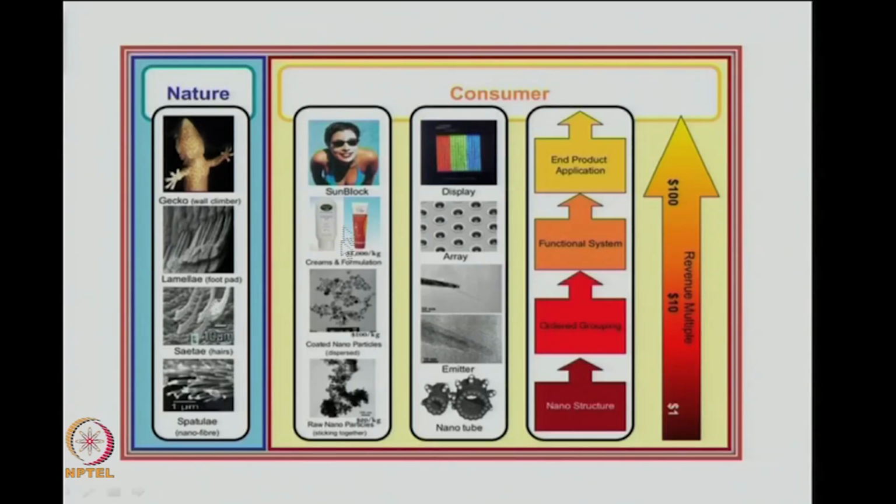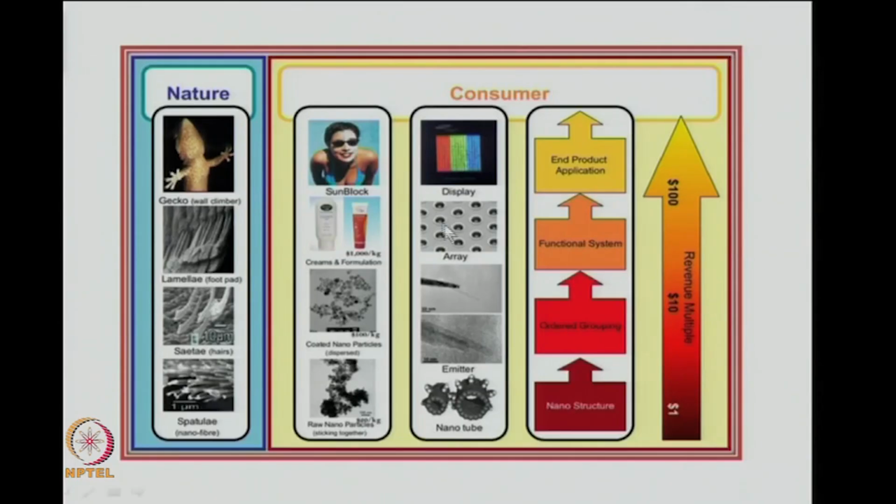For example, you have these sunblock creams, which are basically nanoparticles, some of them of TiO2 and other nanomaterials, which are already in the market, being used as creams or lotions, and they are based on nanoparticles.